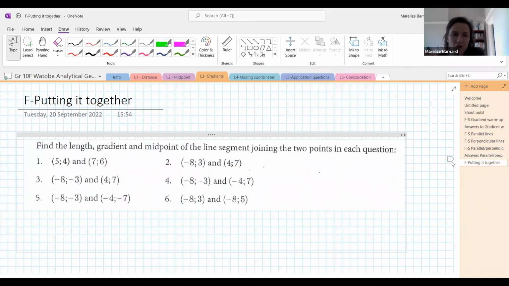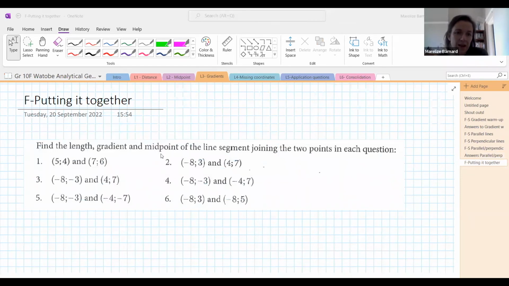We're going to do one last exercise, and we're going to put together everything you've done so far with distance, gradient, and midpoint. That worked quite well. We've got enough time.